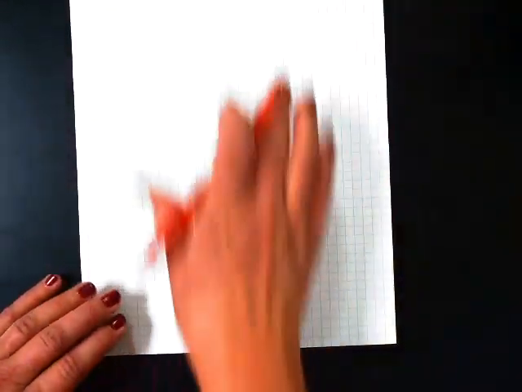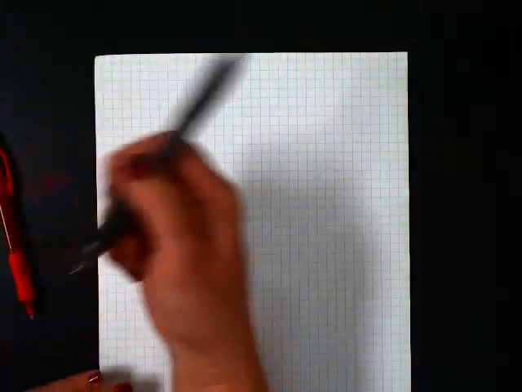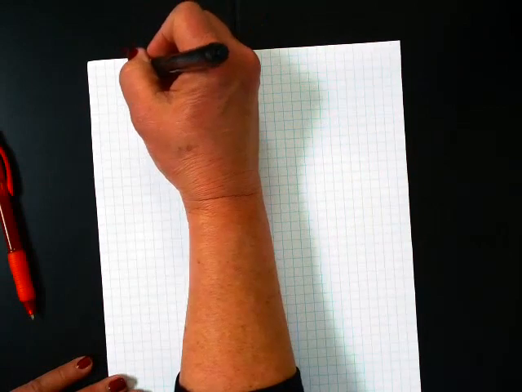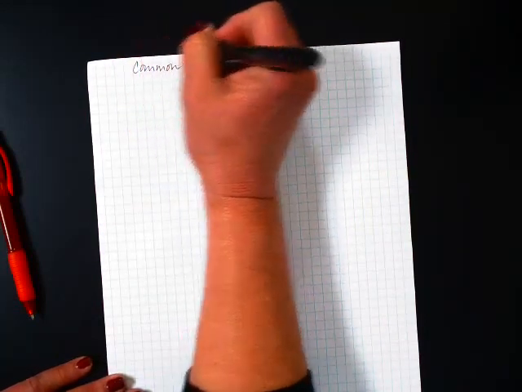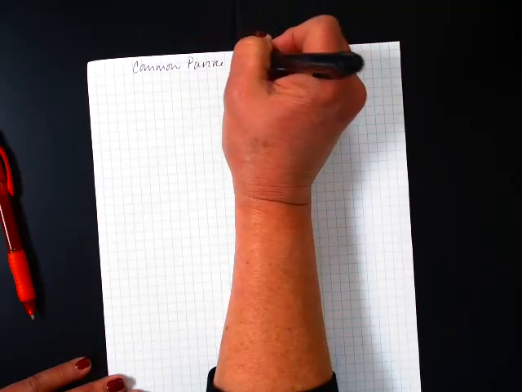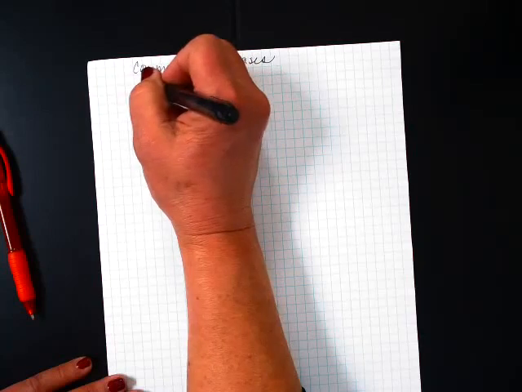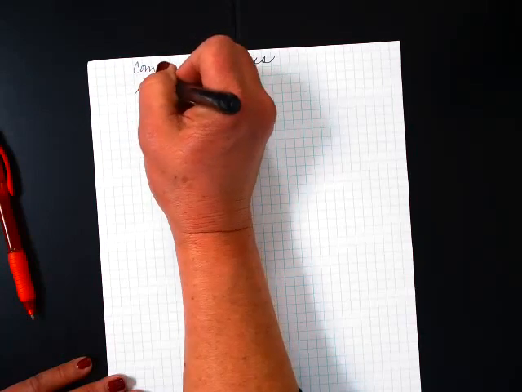So now we're going to look at the common purine bases, which are adenine and guanine.